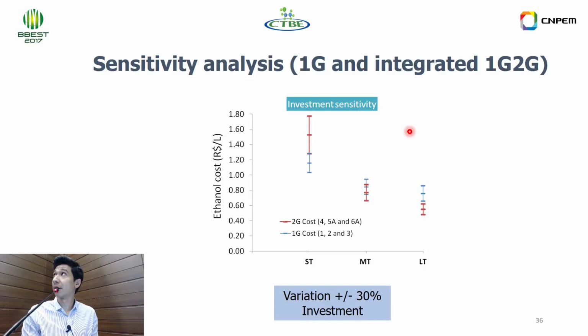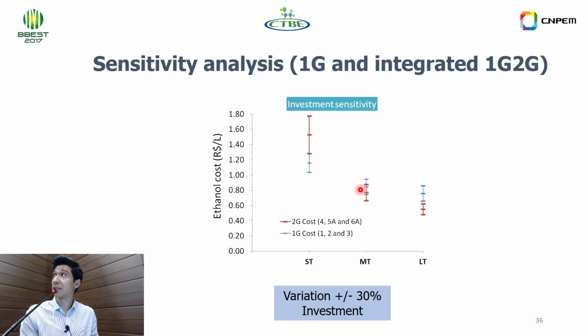And the most important part is the investment, because as I told you, it is the major contributor to second generation cost. If we put a variation of 30% on the capex, we can see similar results. For second generation, we have a larger uncertainty in the beginning because investment is the major component of second generation cost.